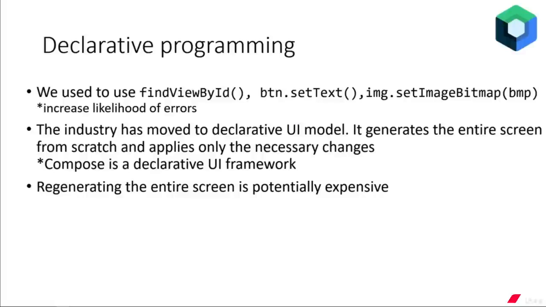This approach avoids the complexity of manually updating a stateful view hierarchy. Compose is a declarative UI framework. One challenge with regenerating the entire screen is that it is potentially expensive in terms of time, computing power, and battery usage.